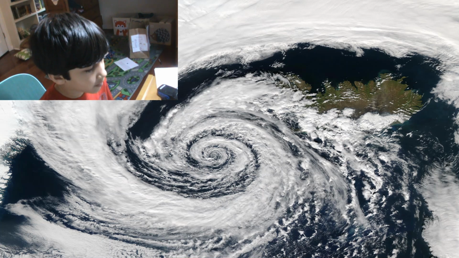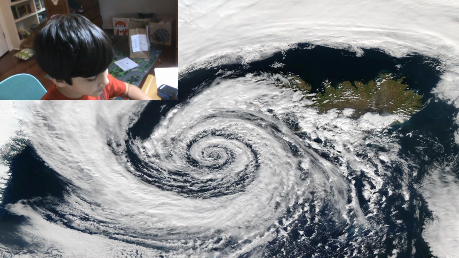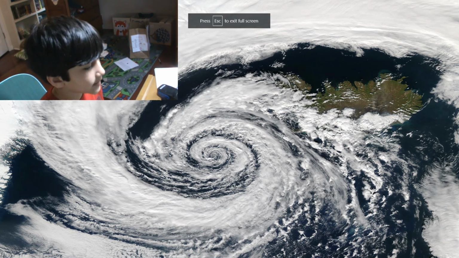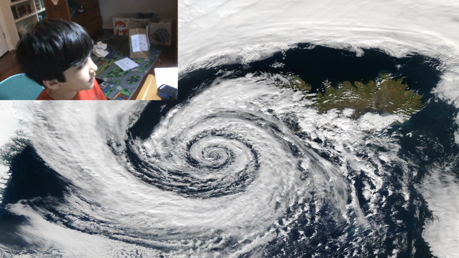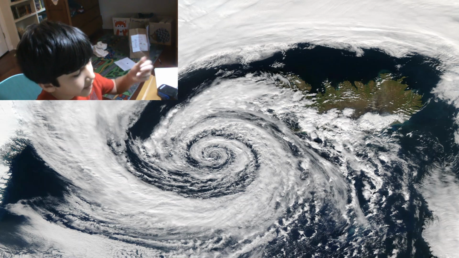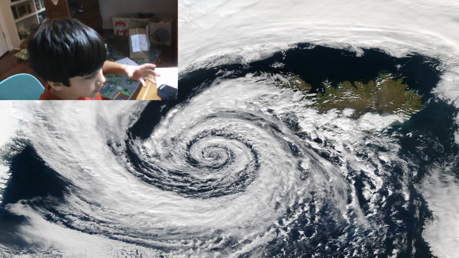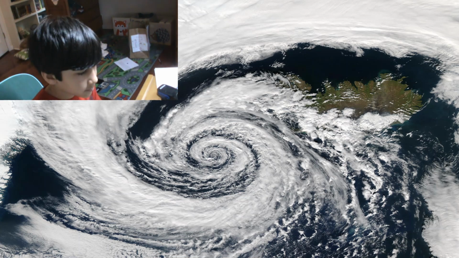But the reason why it has this spin is because, so the low pressure is like this. The reason why it spins on most of them is because of the way that all the winds in the oceans work as a result of the Earth's rotation.